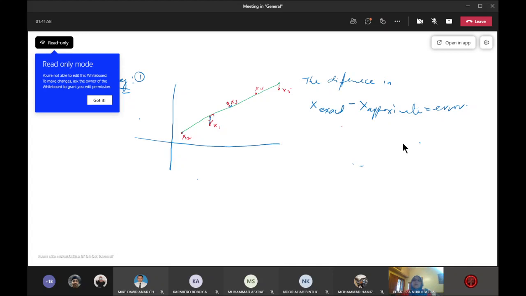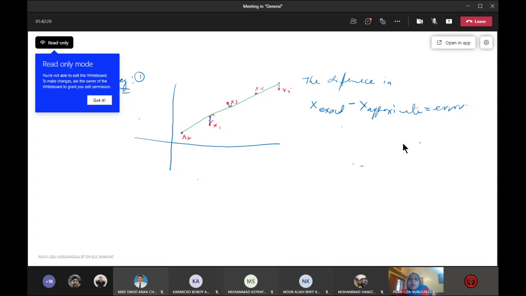There must be error. Tak mungkin tak ada error, because when you talk about nature, it's not very conforming. It's not conforming to the one that we want. So although you have points and it looks like it's linear, it's not going to be exactly linear. You would always have all these outliers.